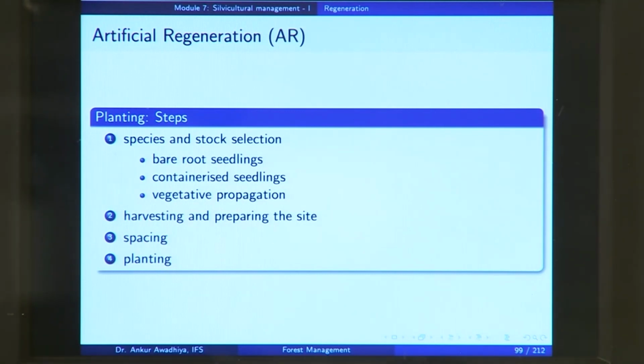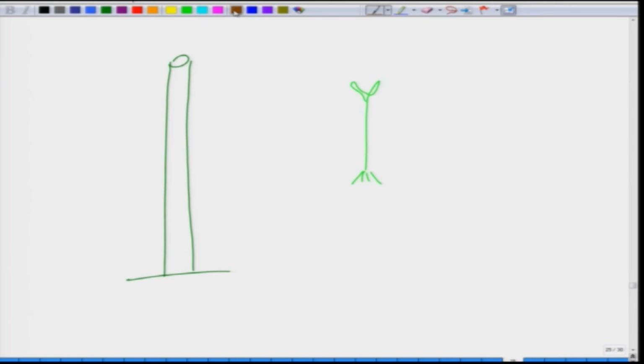In the case of a containerized seedling, you will have this seedling, but it will also come with some amount of soil around the roots, and this will typically be in the form of a container. So, you have this container that has the soil, and in this container you have your seedling.